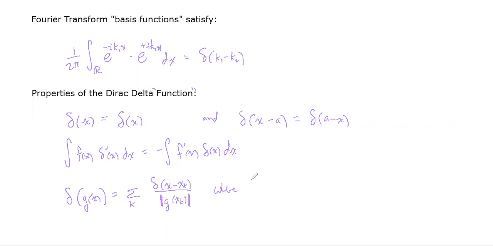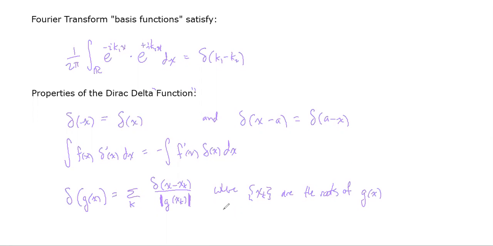And this function g of x might have multiple zeros. So you look for the zeros or the roots of g of x, but as you're doing this, what you get is that you have to divide by the modulus of g at that point. So there's a prefactor that comes out.